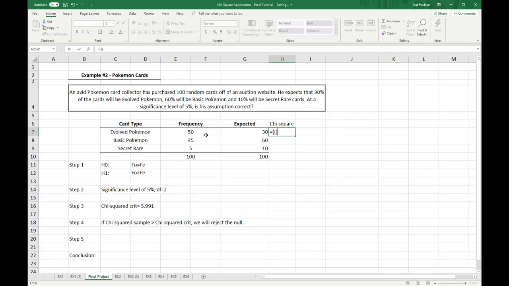You can just plug in these numbers for each row: frequency observed minus frequency expected to the power of 2, and then divided by frequency expected. So once you have those all calculated, you can sum those values. And that will be your chi-squared sample statistic.